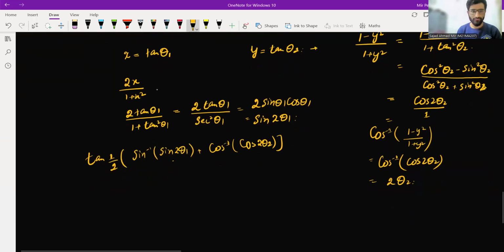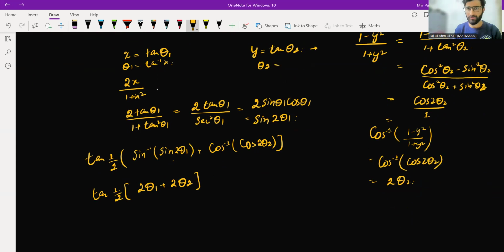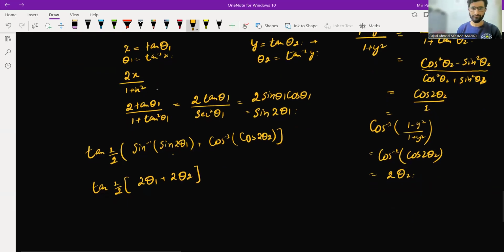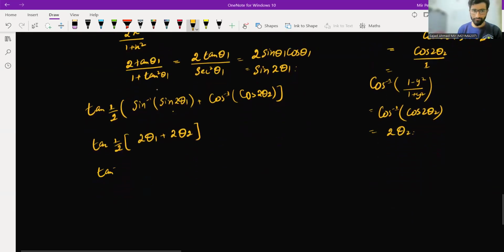This will be tan of 1 by 2 times 2 theta 1 plus 2 theta 2. Here we have theta 1 equal to tan inverse of x, and theta 2 equal to tan inverse of y. From the simplification, the 2 gets cancelled, and we get theta 1 plus theta 2.